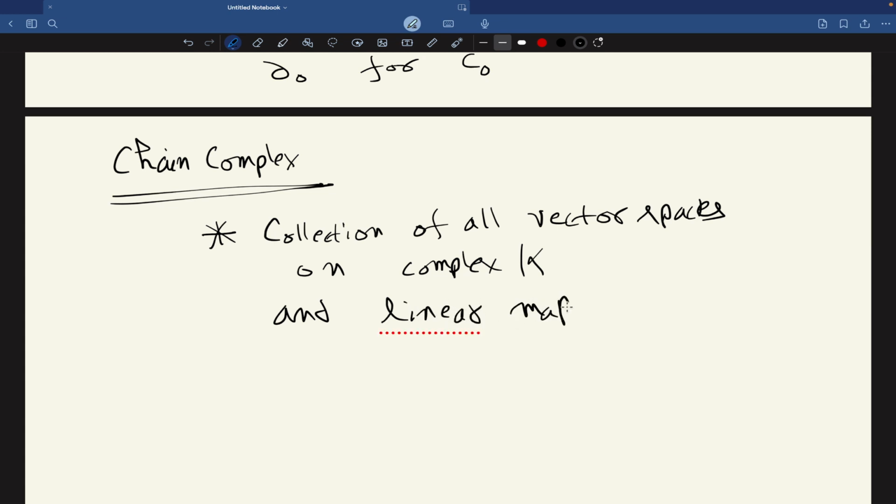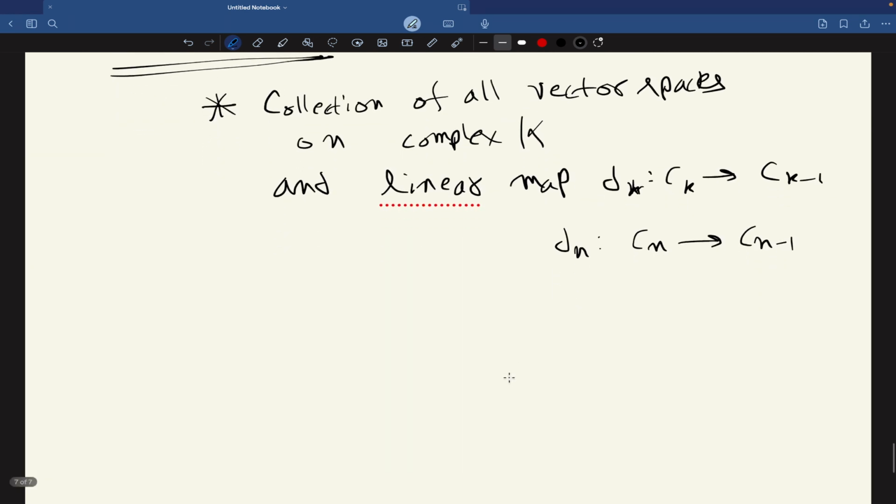Here I'm denoting it with d instead of del. So dk maps Ck to Ck minus 1, or instead of writing a small k, you can also write dn mapping Cn to Cn minus 1. That's just a difference of notation. If you're denoting the complex with K and you're confusing this k with the dimension, then you can use n to denote the dimension. So dn maps from Cn to Cn minus 1.